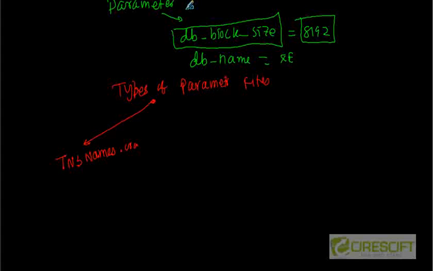What tnsnames.ora does is map the net service names to a connect descriptor, or in simple words, it tells you the alias name by which we can connect to a database. Then another file is listener.ora. Listener.ora tells on which port my listener is going to run.